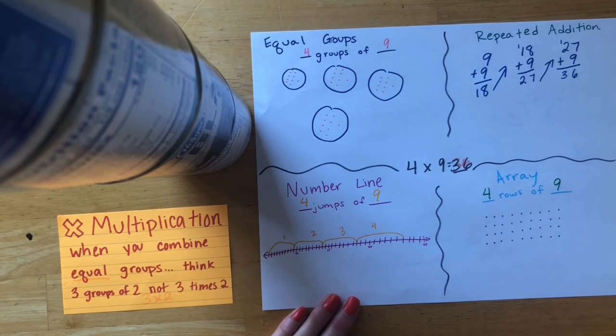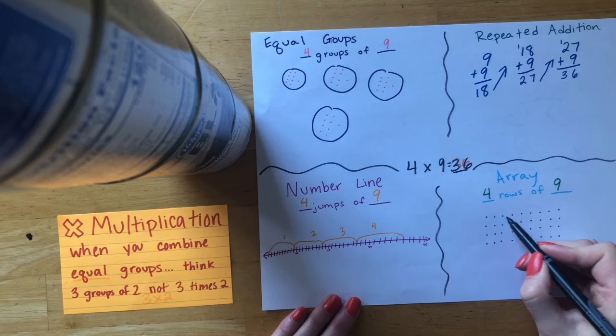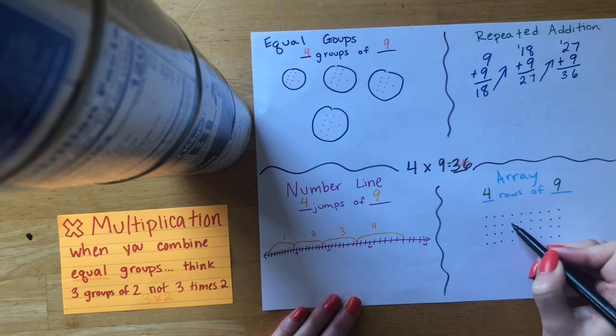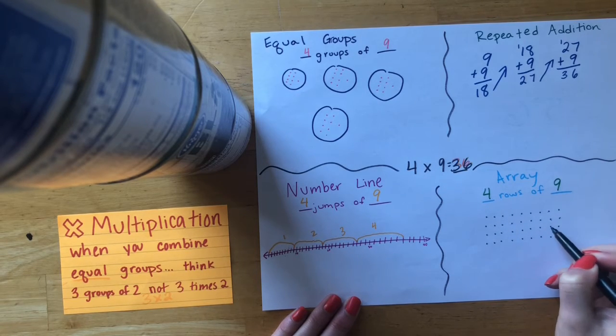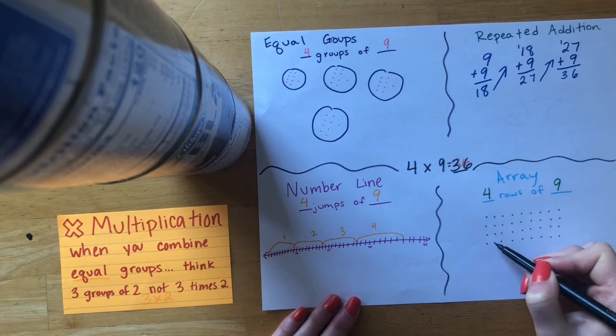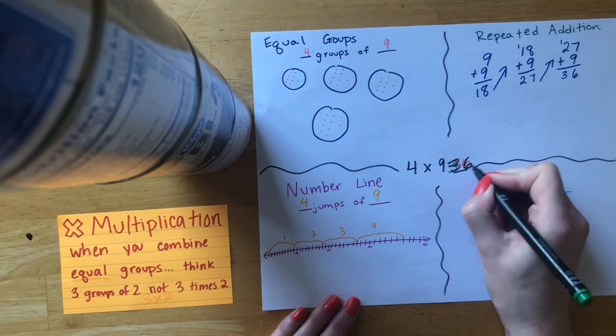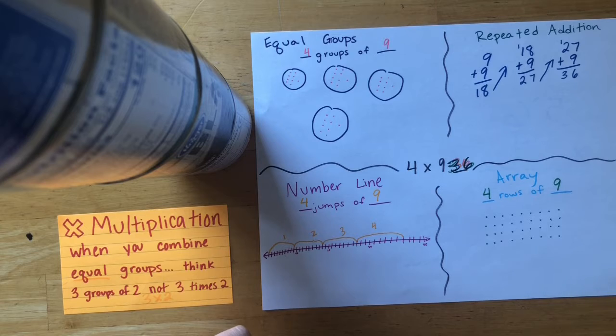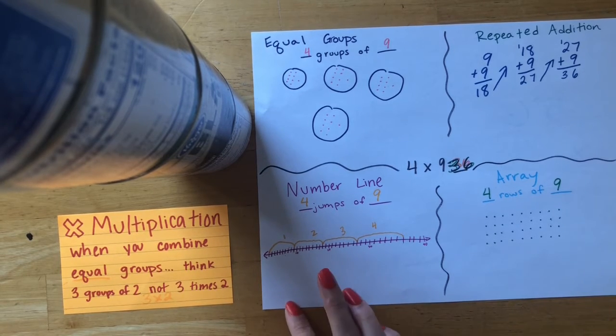Now you have to count up all your dots. 1, 2, 3, and so on, up to 36. Got 36 again.